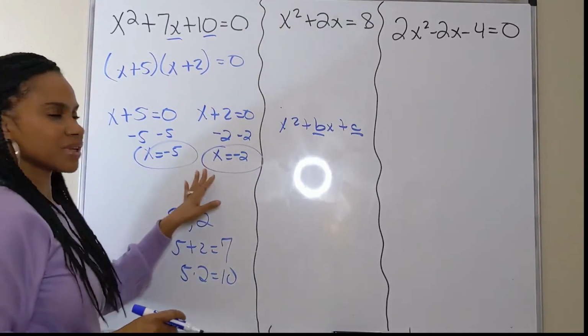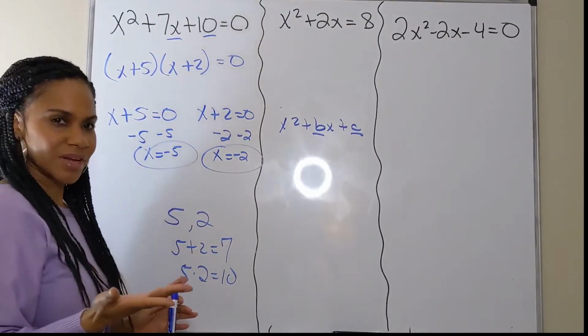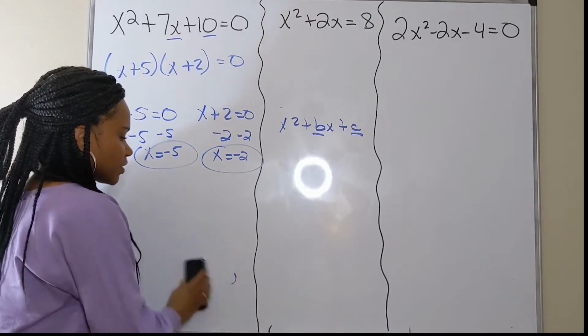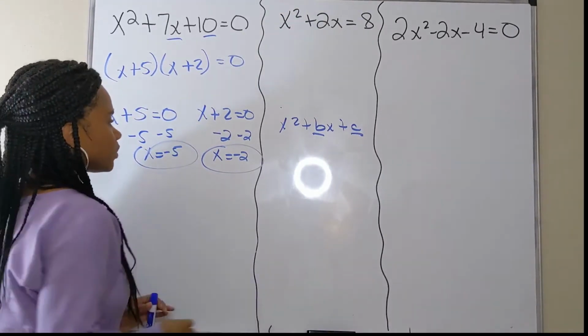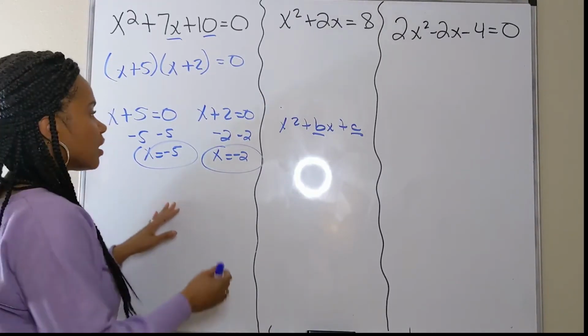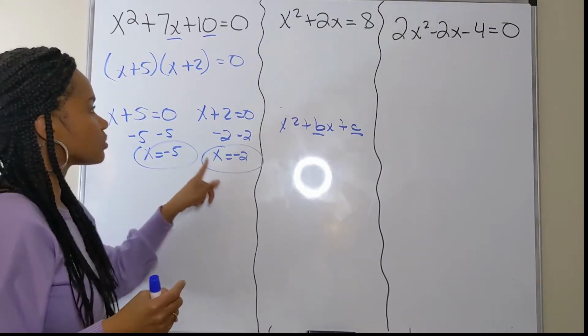As you can see, we really just changed the sign. And so these are my solutions to this quadratic equation. Most of the time, you're going to have two solutions when solving quadratic equations. You may have one, you may have no solutions, but a lot of times you will have two.